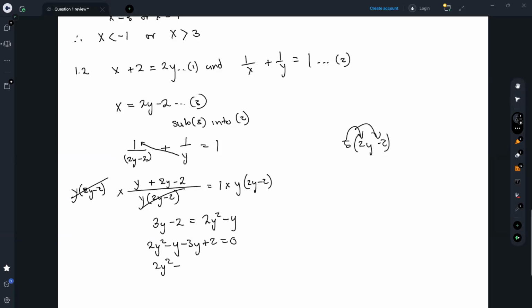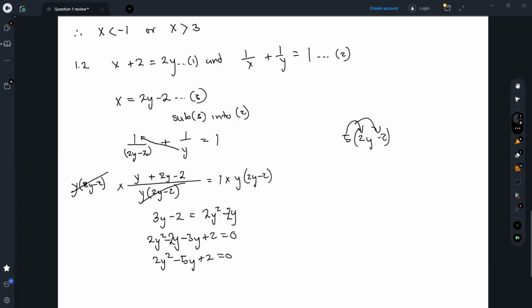I think I'm missing a 2 here. Yes, I'm missing a 2 here, and I'm also missing a 2 there. So it's 2y squared minus 2y as well. Okay, so this is going to give us minus 5y plus 2 equals to 0 like that.